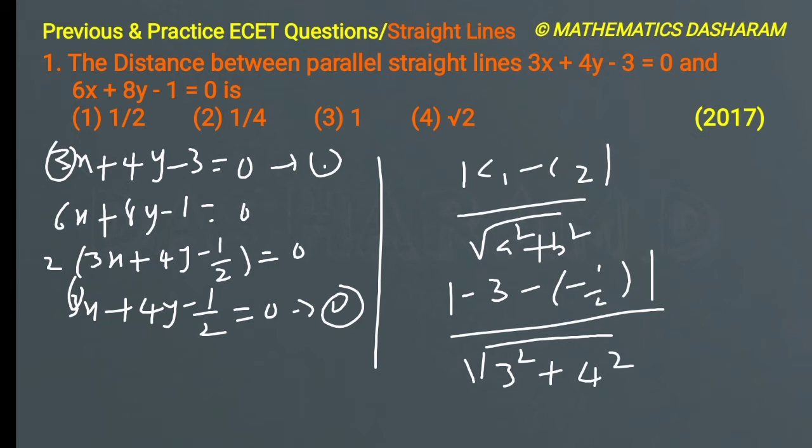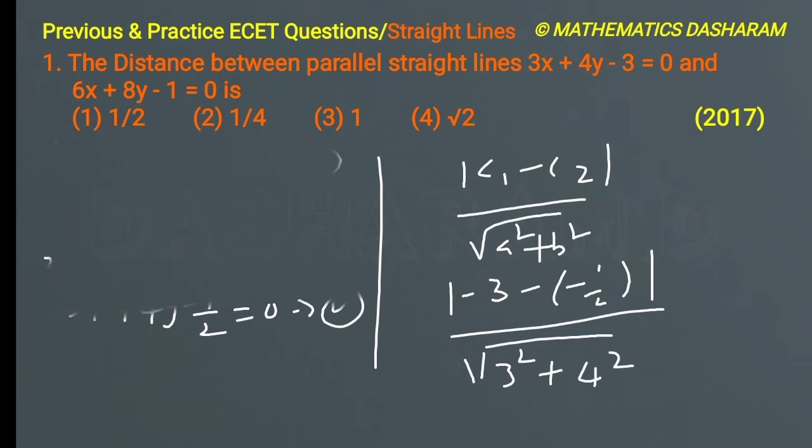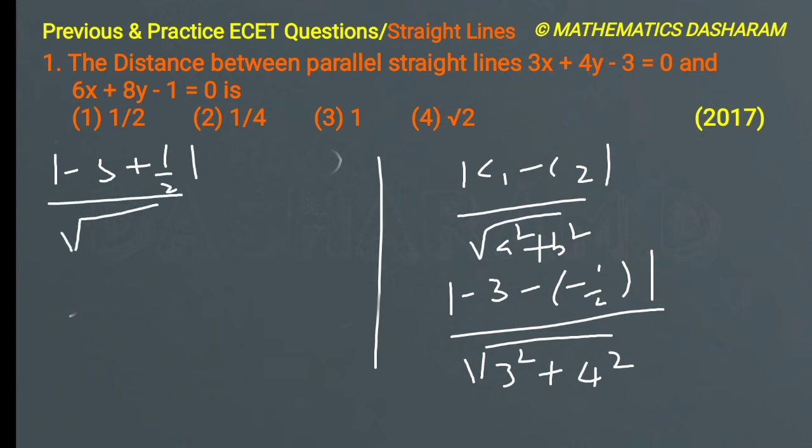So let's simplify this. Mod of (minus 3 minus of minus 1 by 2), that is minus 3 plus 1 by 2, divided by the square root of (3 square plus 4 square), which is 25. So mod of (minus 3, 2 times is 6, plus 1) divided by 2, divided by root 25, the answer is 5.